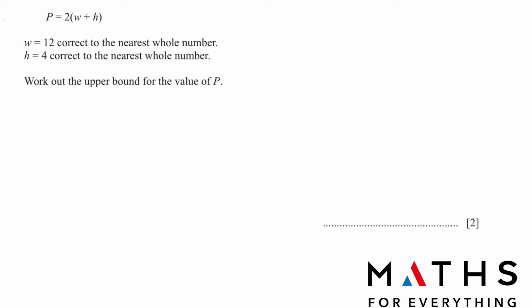I hope you know the approximation and limits of accuracy. So the upper bound of 12 will be, if it is a whole number, 12 is a whole number, remember to find the upper bound, you add 0.5. And to find the lower bound, you subtract 0.5. This is for whole numbers.